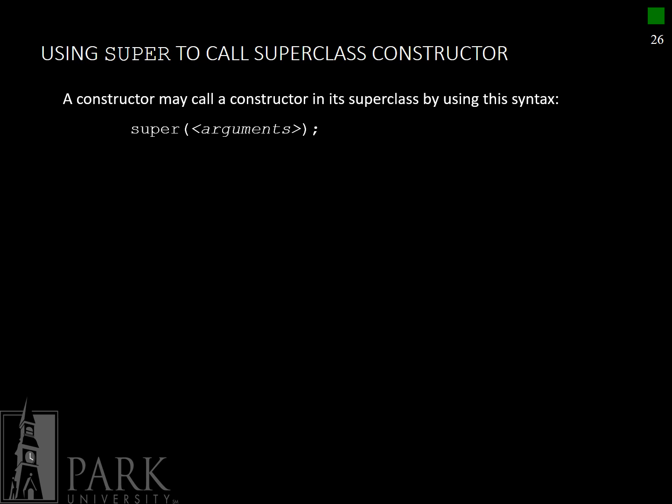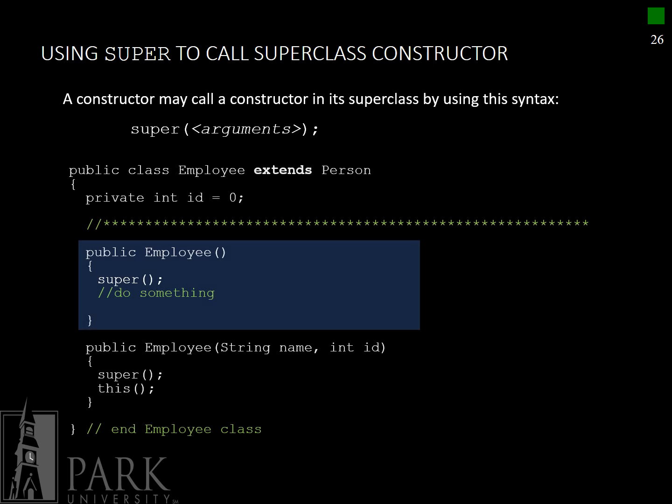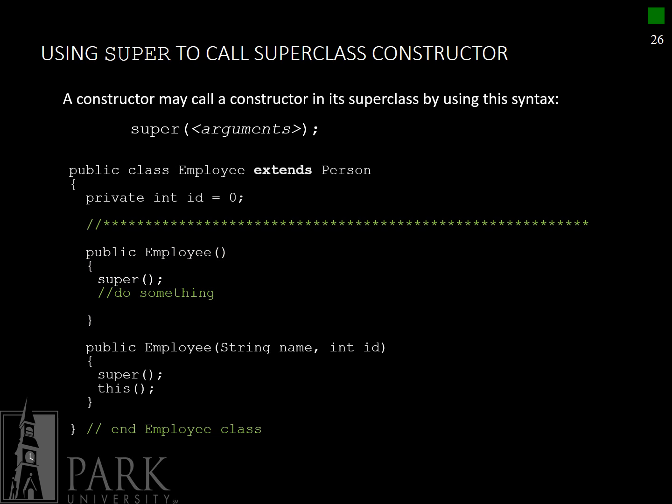When you are in a derived class, you can call the superclass's constructor using this syntax, right? We saw this in the demo. super and then the arguments, right? So in our previous case, you would find this in the Employee class, right? A constructor call is allowed only if it's the very first line in the constructor's body.